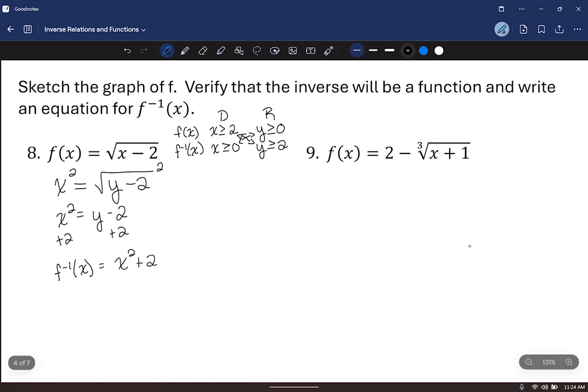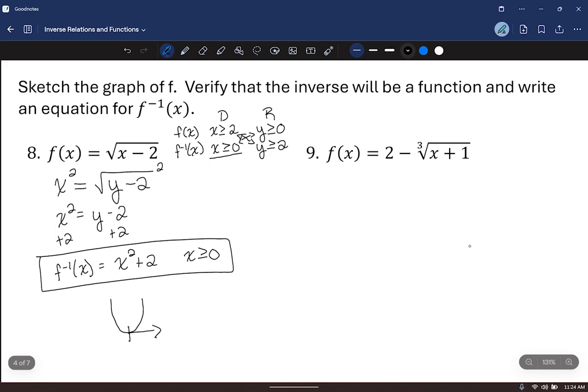Now, I have already stated that for my inverse, the domain has to be x is greater than or equal to 0, and that's because the range of my original was y is greater than or equal to 0, and those switched. So x has to be greater than or equal to 0. That's because when you graph this, you're going to get that U shape, and you're going to start at 0 and choose x's that are bigger.